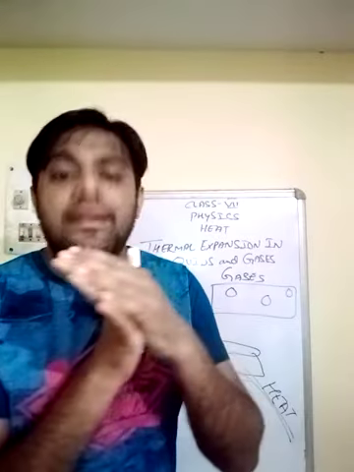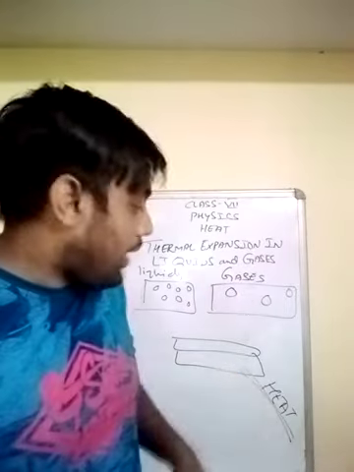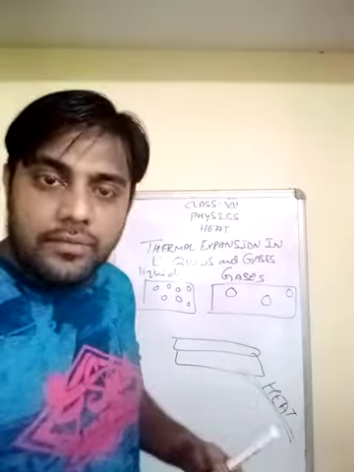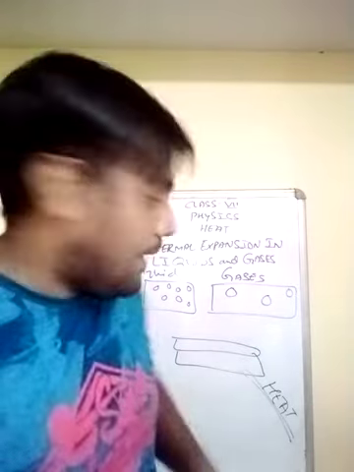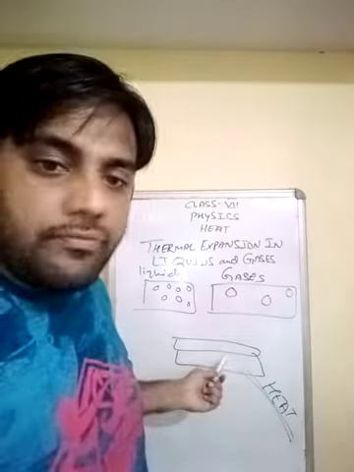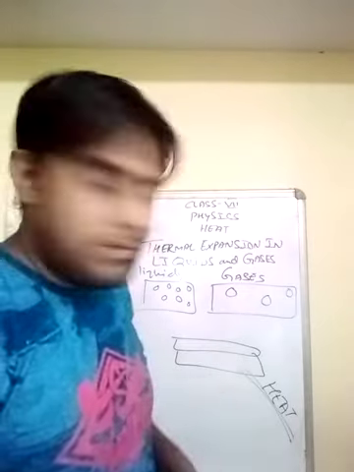Instead they will bend. Because both are supplied with heat, both will start expanding, but one might expand faster than the other, which will lead to bending of the strip, like I taught you in the real application of the bimetallic strip in thermal expansion of solids.